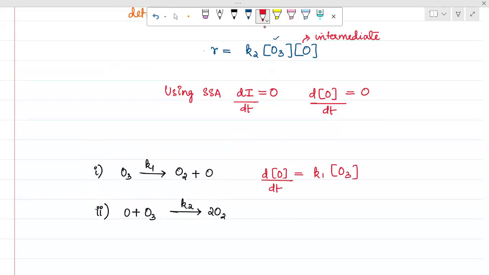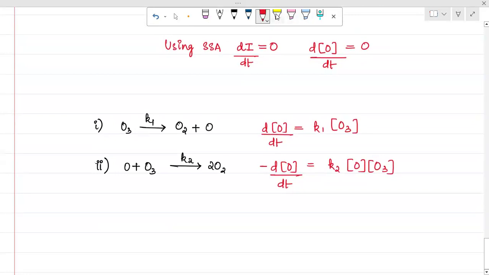In the second step, O is disappearing. As it is disappearing, you need to put a minus because it is on the reactant side. So minus dO by dt is equal to K2 into concentration of O into concentration of O3.